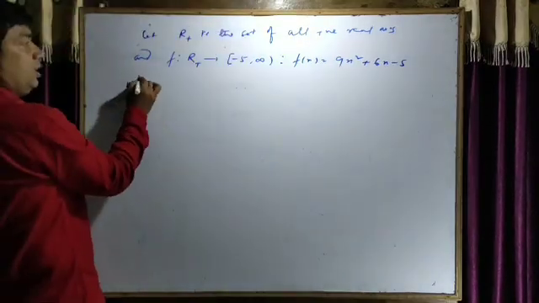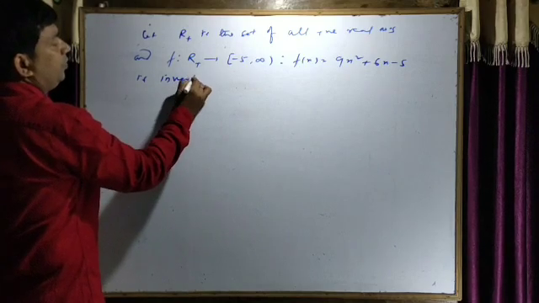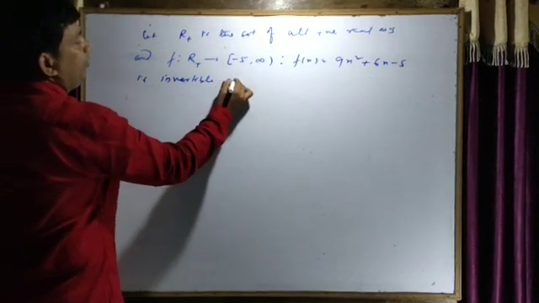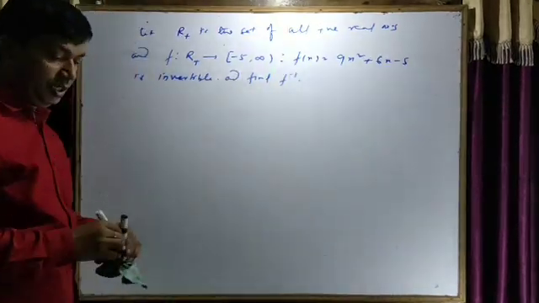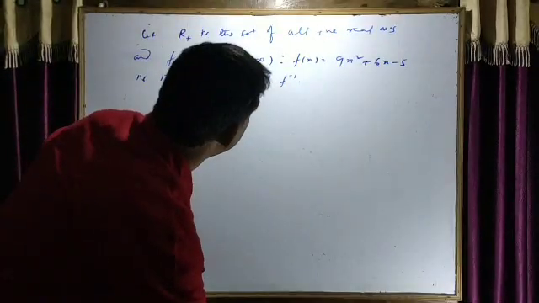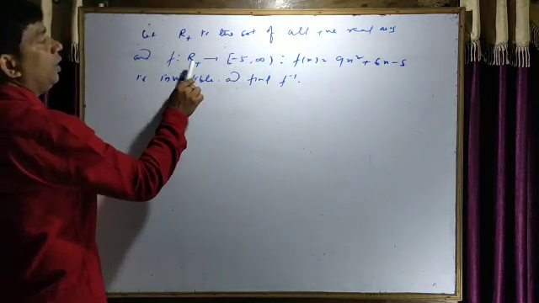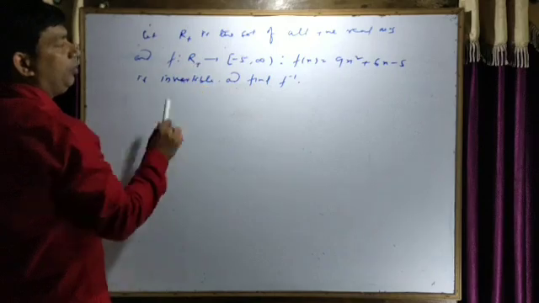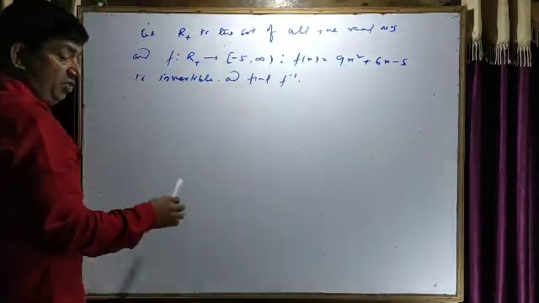Show that f is invertible and find f inverse. The question is important, so let's see how we can do it. R plus means we take only positive real numbers, and the codomain will be minus 5 to infinity.